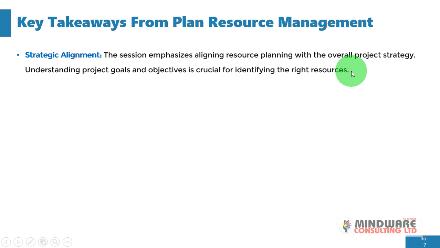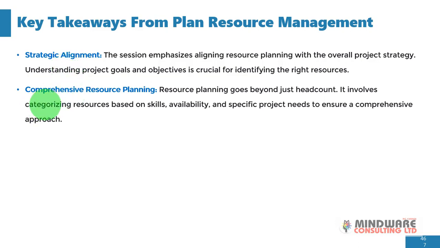When you understand that, you'll be able to identify what resources exactly you need to achieve these goals and objectives. Understanding the project goals and scope is very important, and it's going to help you in strategically aligning everything throughout the project.